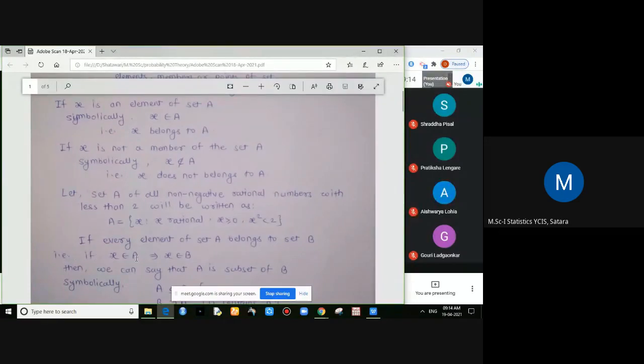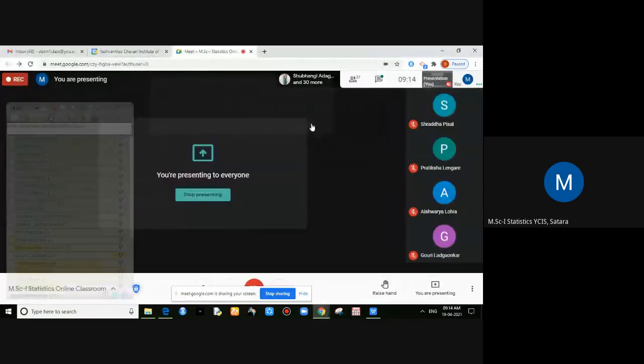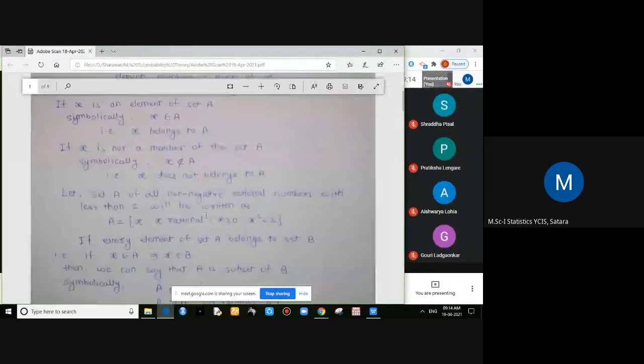If X belongs to A implies that X also belongs to B. Then we can also say that A is a subset of B, because every element of A is included in the set B also. So that's why we say that A is a subset of B.